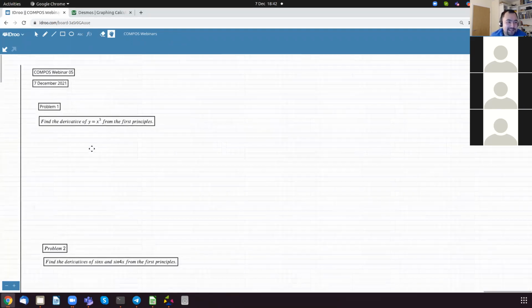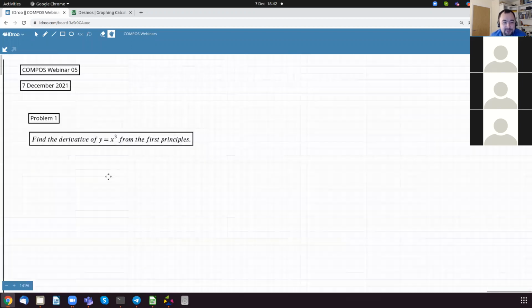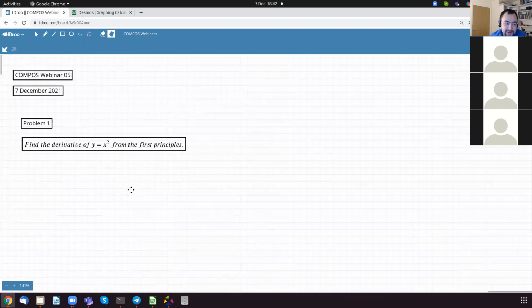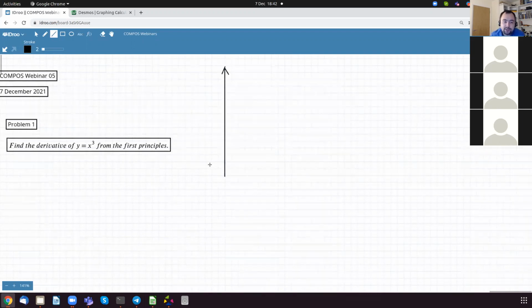So the first question is find the derivative of y equals x cubed from the first principle. But before we attempt this, I need to explain what the derivative is in the first place. So let's say you have a graph of a function, and it goes something like this.